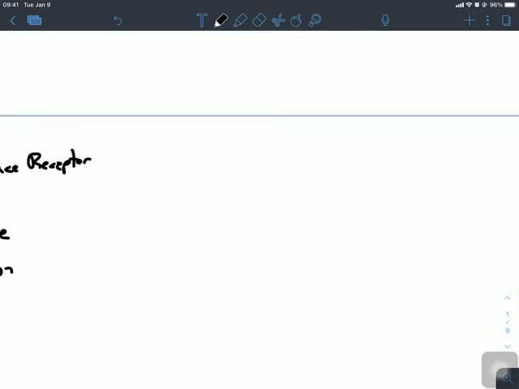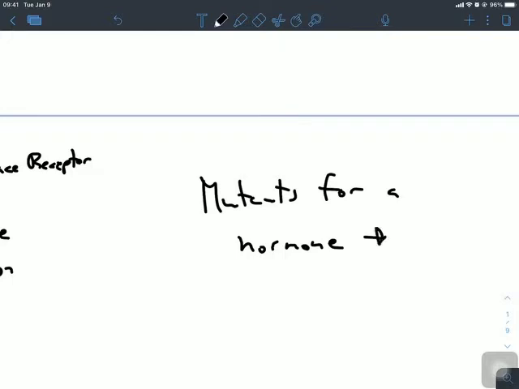We develop genetic lines that are mutants for the hormone. After we've identified that they're the correct mutant for that hormone, we then try to identify any phenotypic changes.